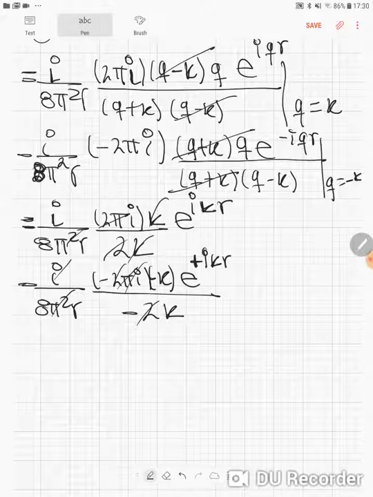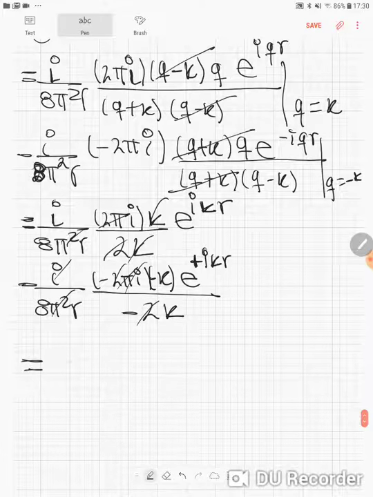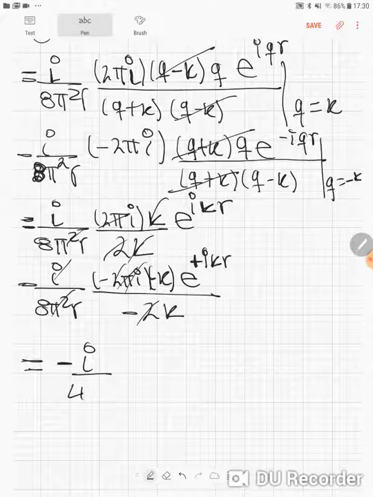So we end up with upstairs minus I divided by 4 pi r, no, because the minus I went away, sorry. So this is just the 1, e to the I kr.